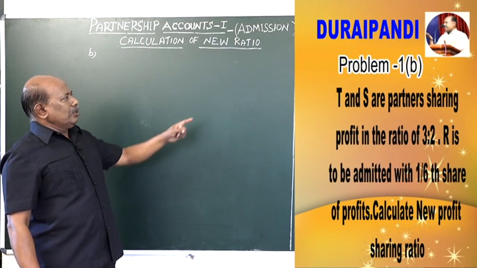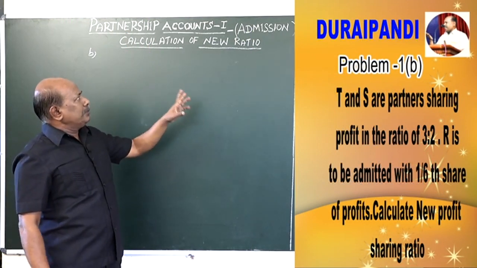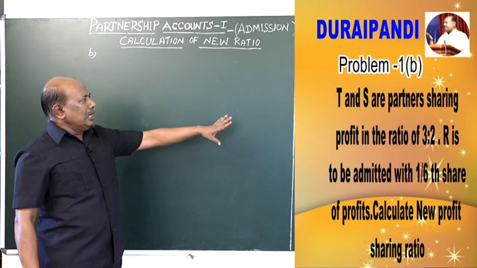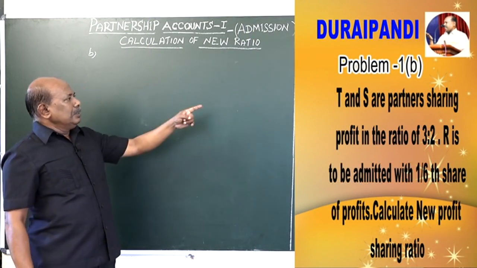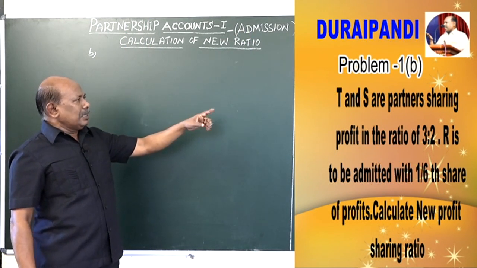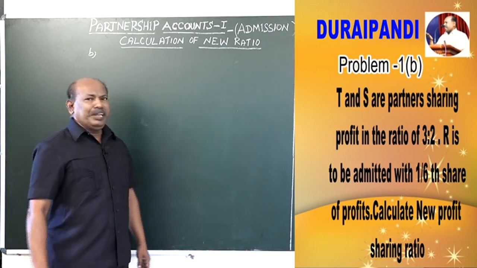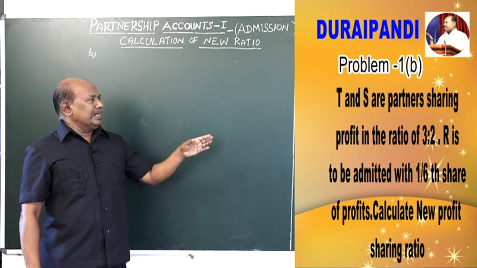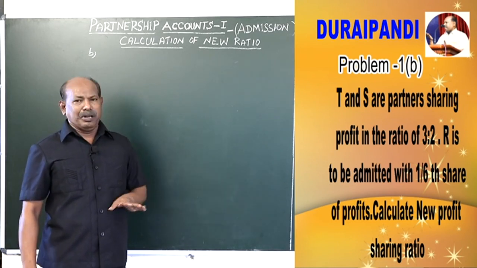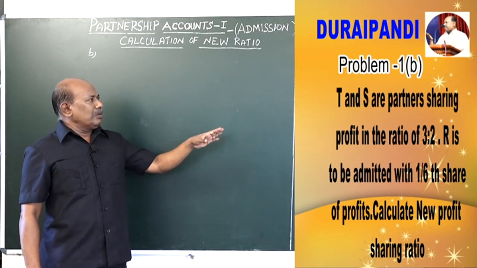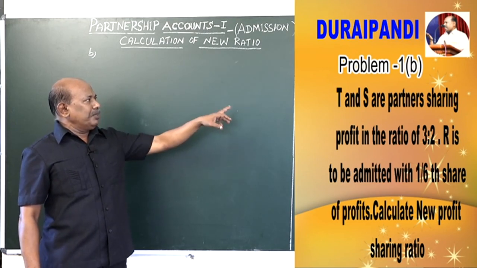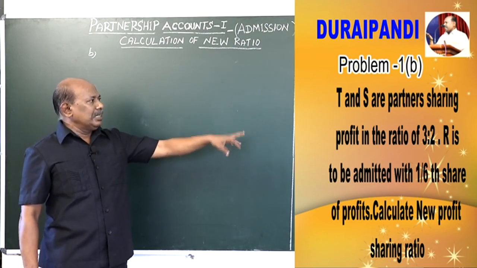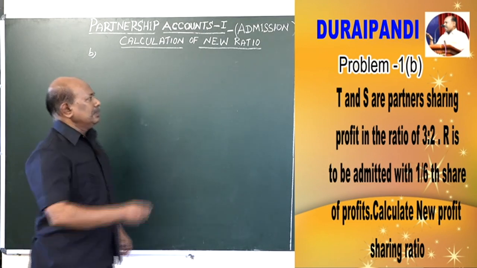In the next problem we are going to work out the calculation of the new profit sharing ratio among the partners. The problem is: T and S are partners sharing profit in the ratio of 3:2. R is to be admitted with 1/6 share of the profit. Now we have to calculate the new profit sharing ratio of T, S and R in these conditions.